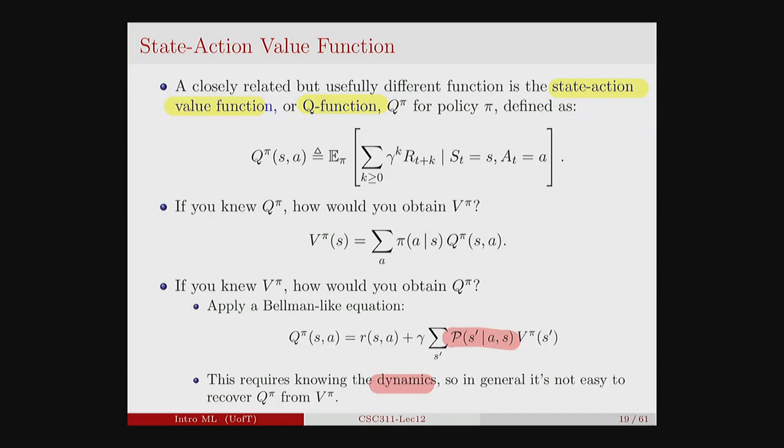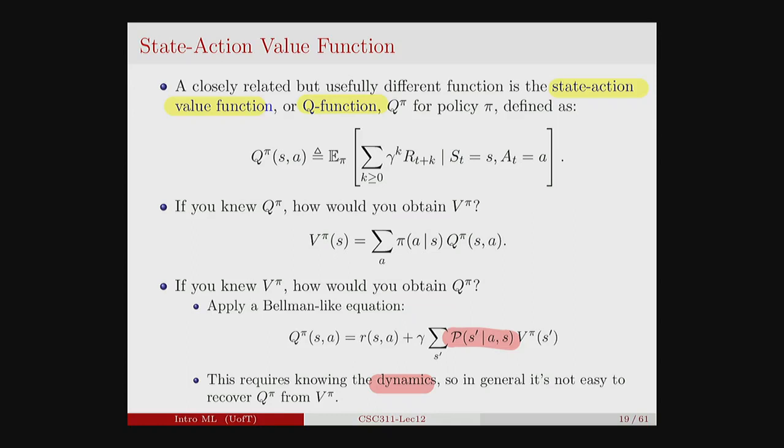At least in the discrete case, you can think of it as a matrix. And so it's a matrix that has entries S, comma A. So it has cardinality S times cardinality A as its dimensions in the discrete case. But it's a function that takes states and actions, and it's defined as the expected future reward given that you're in state S and you are taking action A right now.